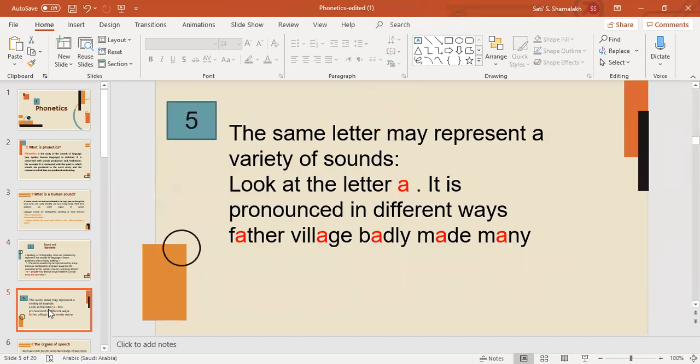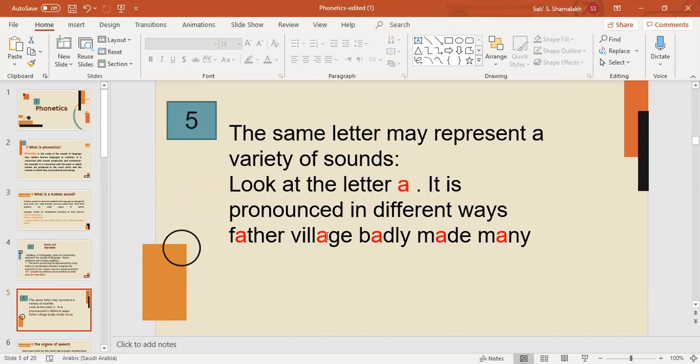Now, also, slide 5, one letter can be pronounced in different ways. If you take the letter A, in father, it's "ah," car, for example, but when you say care, it's "air." Also, it's one letter, but it's different. Look here, father. The A is pronounced "ah." Village.